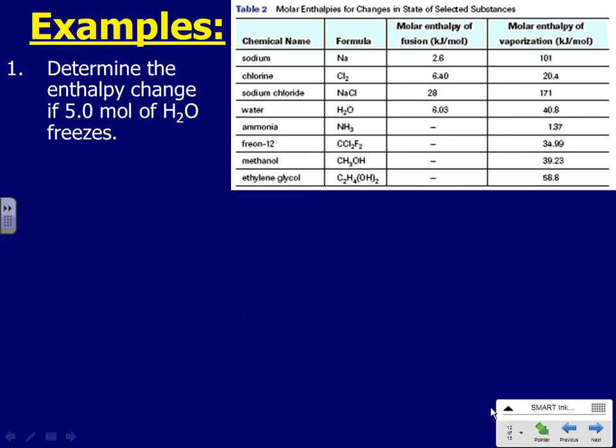Okay. So essentially, I've got 3 examples. I might just hold it to 2, so I can give you a little heads up on the flipped lesson for tonight. Now, molar enthalpy is like a conversion factor.